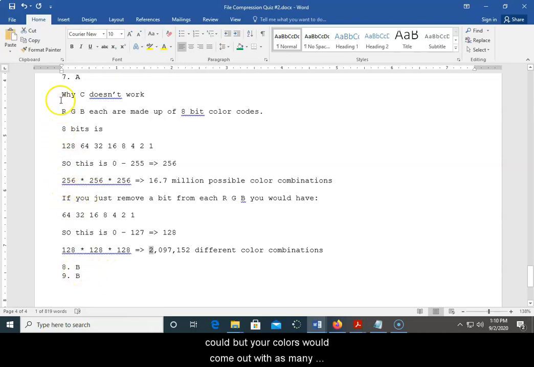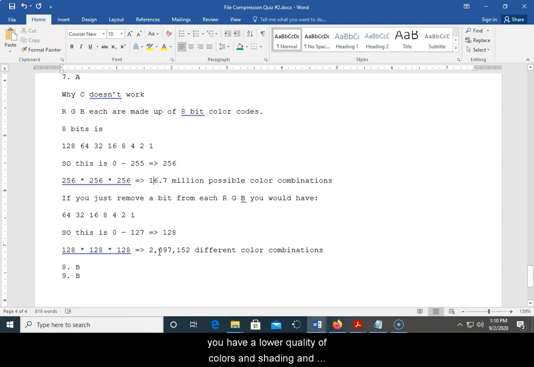But this is going into the entire thing, why you can't just remove a bit. You actually could, but your colors wouldn't come out with as many different shades as this right here. Okay, this has 16.7 million possible colors. This only has close to 2.1 million.